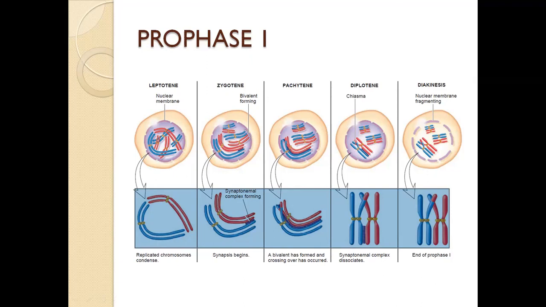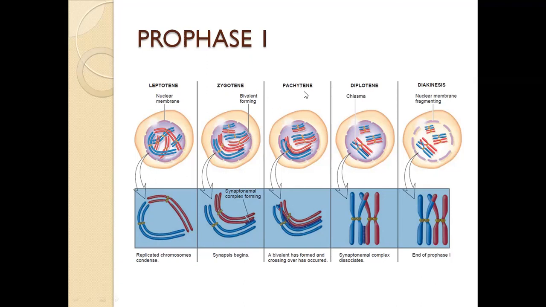After that, this will form bivalent chromosomes, also called tetrads, between homologous chromosomes.